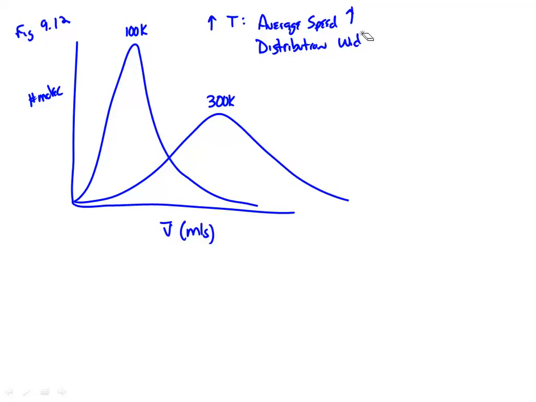At very low temperatures, most of the molecules really are going the average speed. But by the time we're even at 300 K, there's a significant number of molecules that are going faster than average and a significant number that are going slower than average. And then that trend continues. If I go all the way out here to 700 K, the average speed might be some value, but a significant portion of the molecules are going nowhere near the actual average speed.